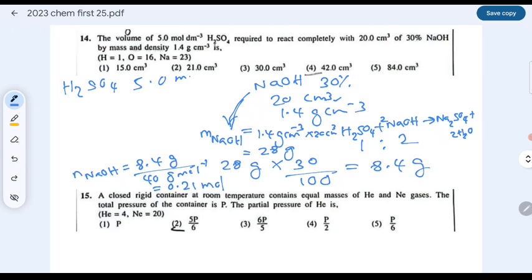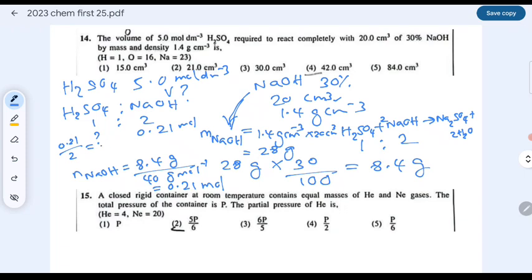Now we can find the moles of H2SO4. The ratio of H2SO4 to sodium hydroxide is 1:2. Sodium hydroxide is 0.21 moles, so divided by 2, 0.21 divided by 2 gives 0.105 moles.